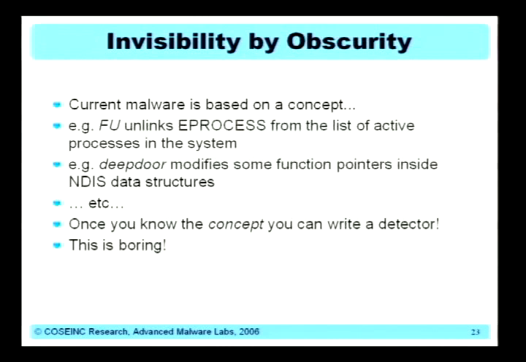If we consider a network backdoor, there will probably be three dozen ways to do this, like hijacking NDIS code or NDIS pointers in many different ways, as we've seen in Alexander's presentation. We can do this in really different ways, but not an infinite number of ways. But anyway, once we know the concept, we can detect it, which is so boring.